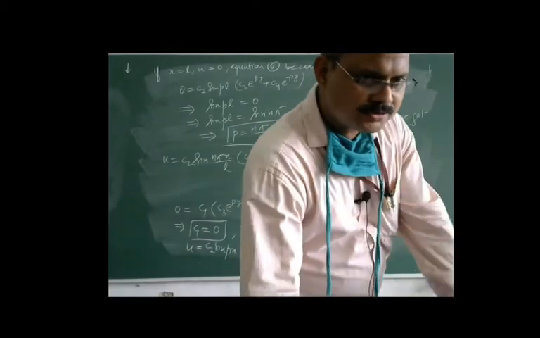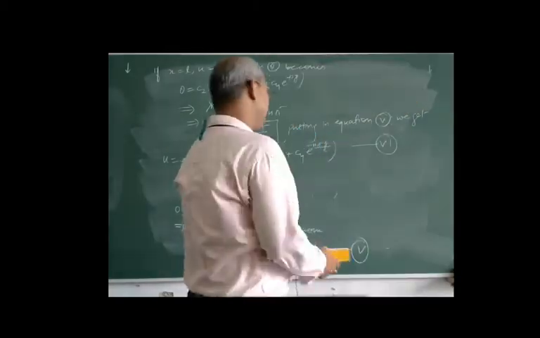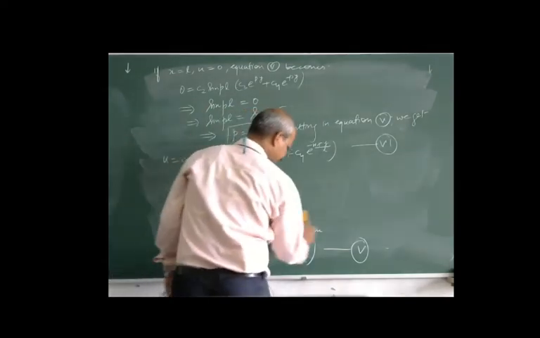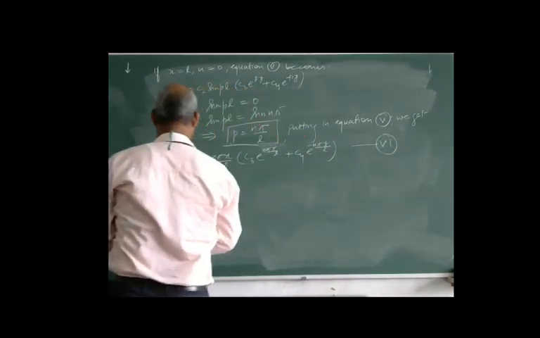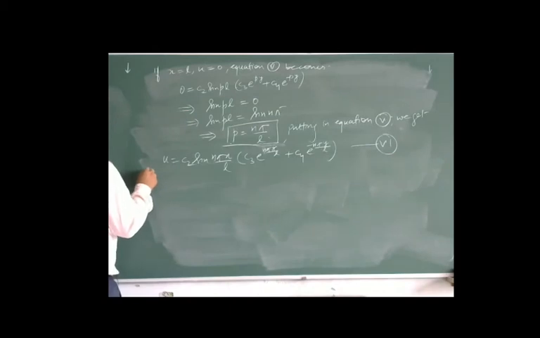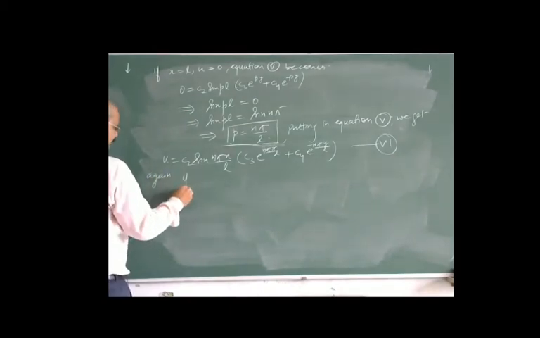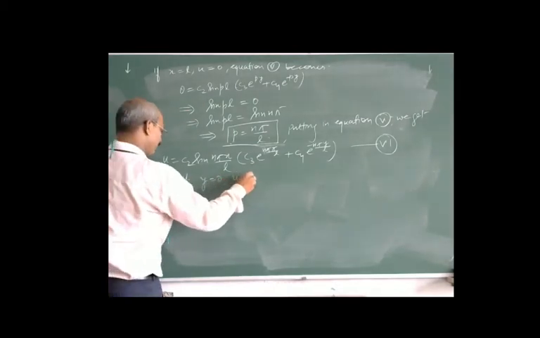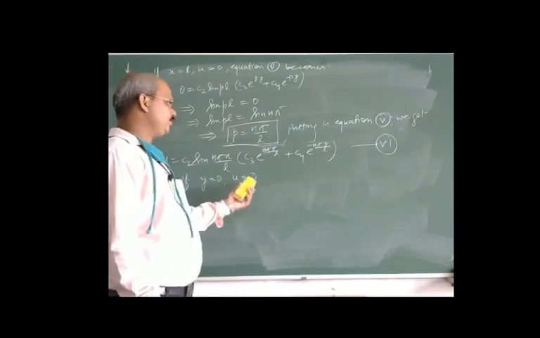Now I am going to use the third boundary condition. The third boundary condition is here. Again, if y equal to 0, u is again 0.